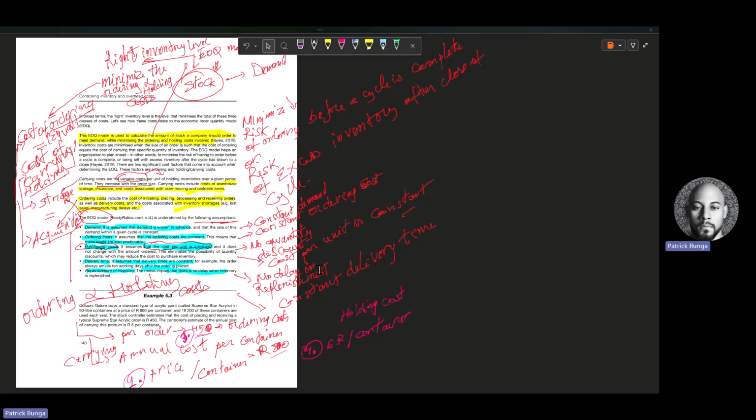And for the replenishment of inventory, this model implies that there is no delay when inventory is replenished. But we know in real life this is not the case. For the EOQ, remember, this is an economic model, right? But what you need to understand, let me come back again to the main principle, is that the EOQ is about calculating the right amount, the right inventory level, or the amount of stock a company should order to meet the demand.